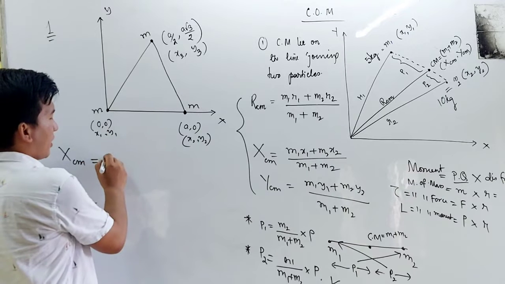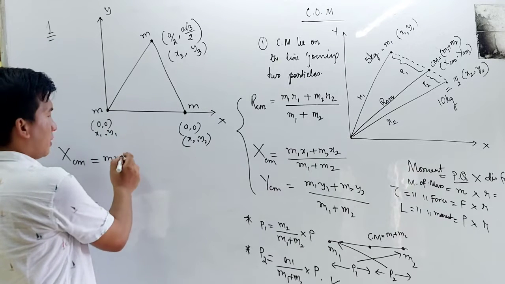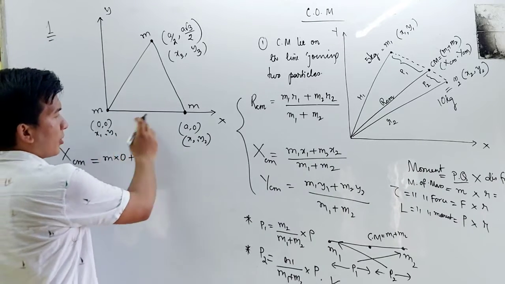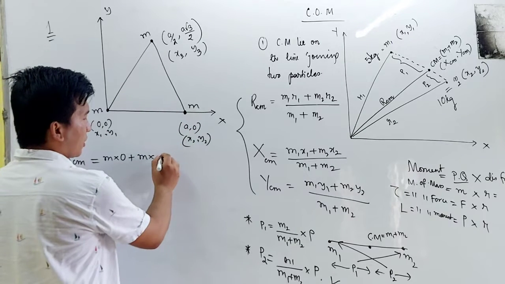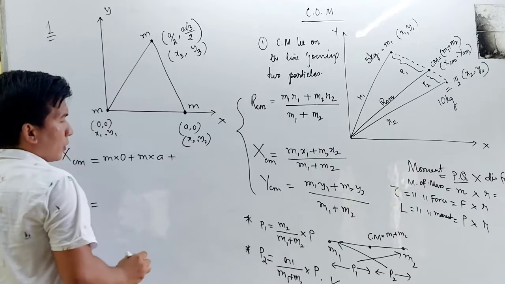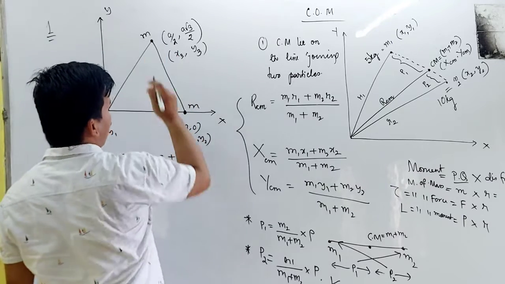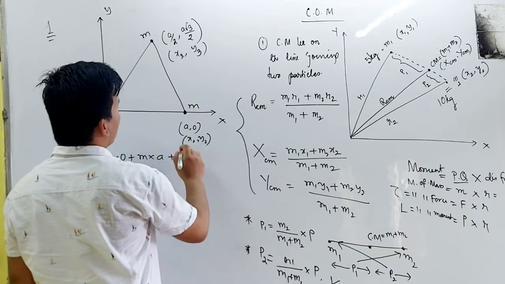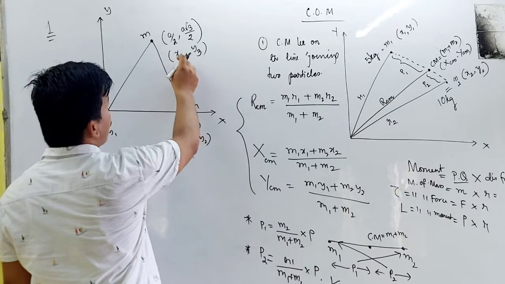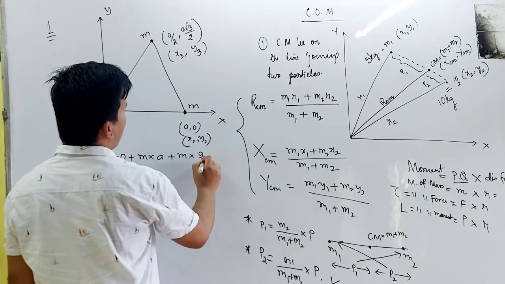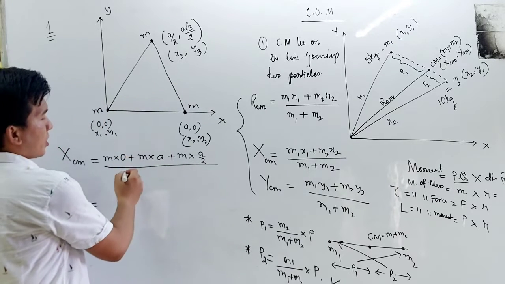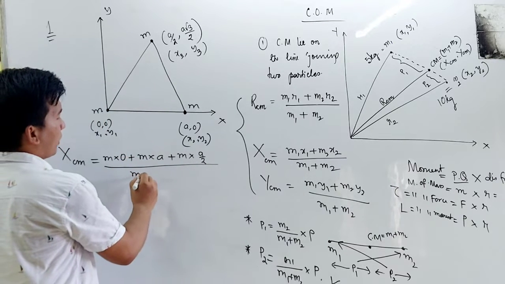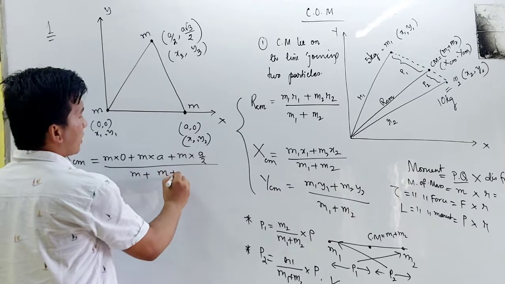Substituting: m1 is m, x1 is 0, plus m2 is m, x2 is a, plus m3 is m, x3 is a by 2, divided by the total mass m plus m plus m.